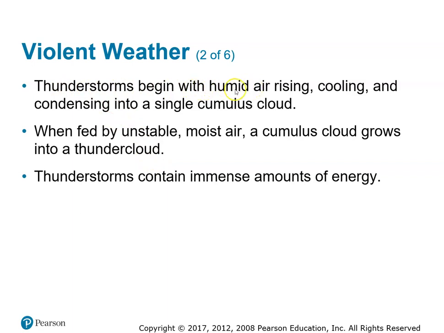Thunderstorms begin with humid air rising, cooling, and condensing into a single cumulus cloud. It's fed by unstable, moist air. The cumulus cloud grows into what's called a thundercloud, and thunderclouds contain a lot of energy.